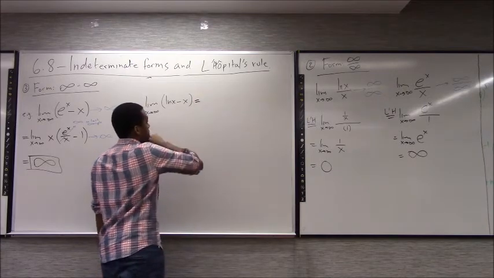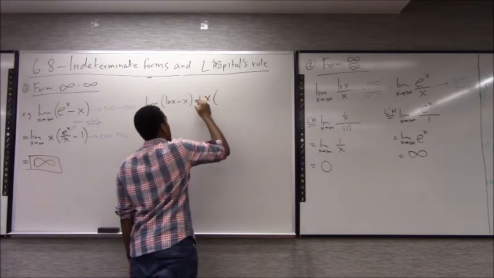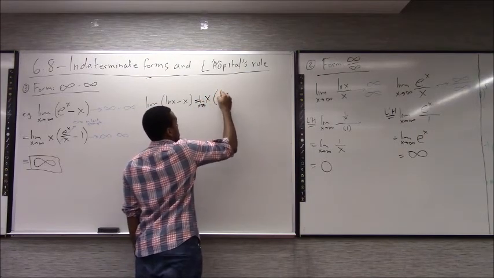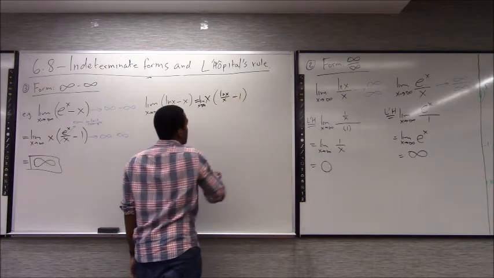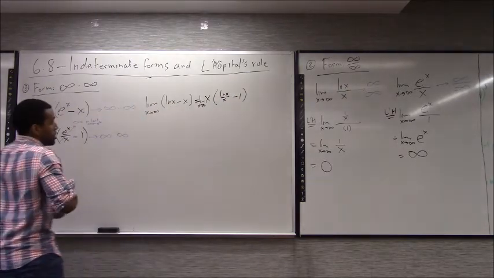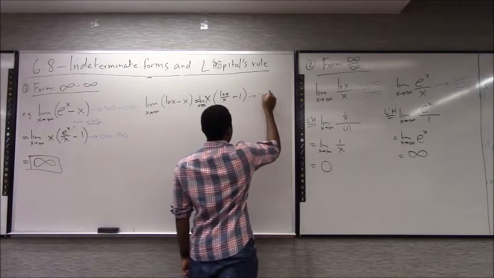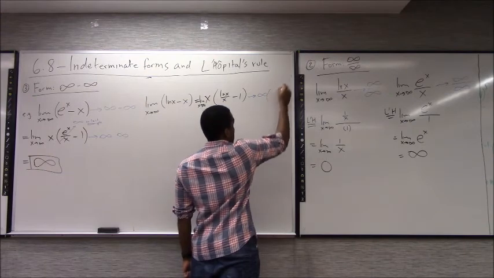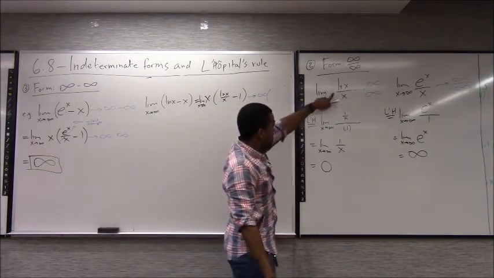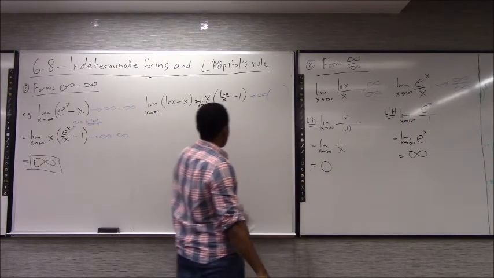Try something similar here. Factor out an x, limit as x approaches infinity, ln x over x minus 1. So now we just check what this approaches. This would approach infinity for the x times, and again in a previous example, ln x over x as x is approaching infinity, I know that approaches 0.